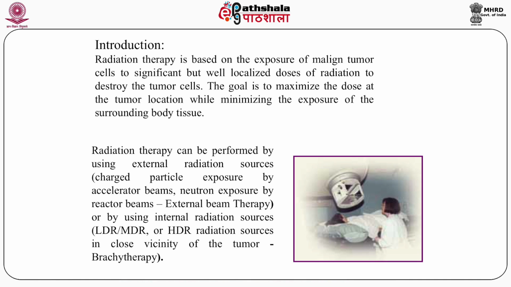Radiation therapy can be performed by using external radiation sources, that is charged particle exposure by accelerator beam, neutron exposure by reactor beam. This is a part of external beam therapy. Or by using internal radiation sources, either low dose rate, medium dose rate or high dose rate radiation sources in close vicinity of the tumor, that is brachytherapy.